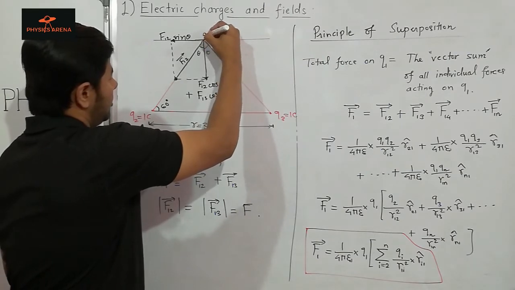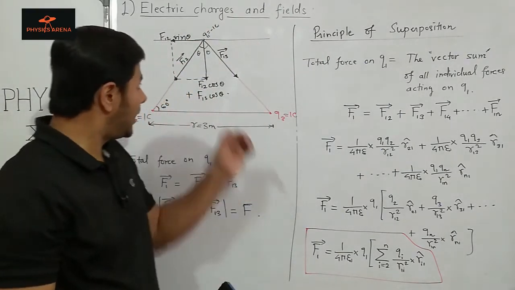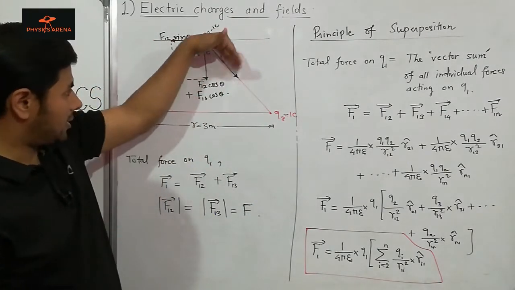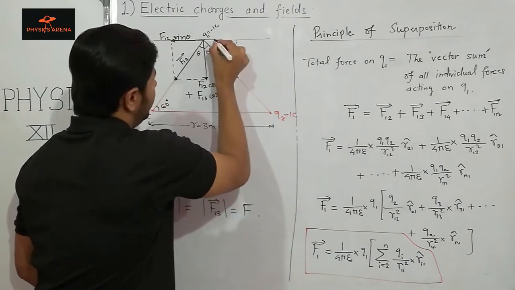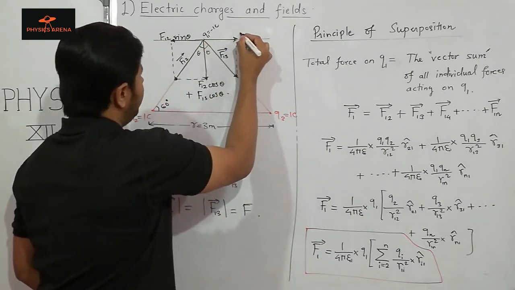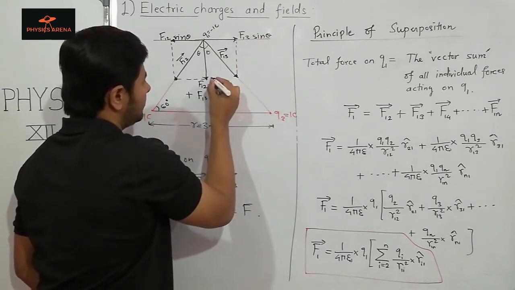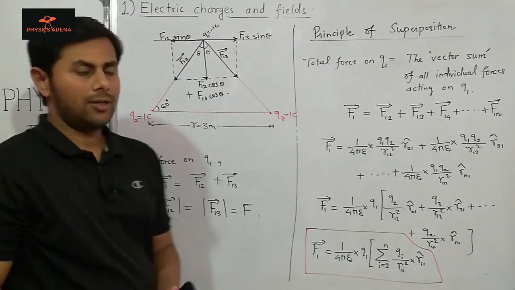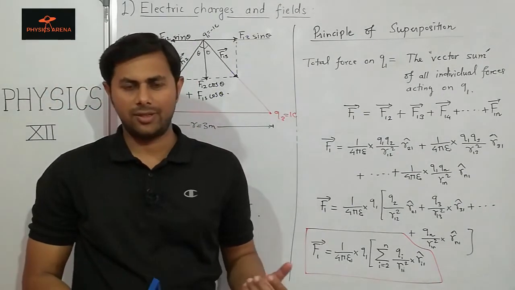This is Q1 equals to -1 Coulomb. And for F13, the away from angle component, which is this component, is equal to F13 sine theta. Now finding the net force is very simple.